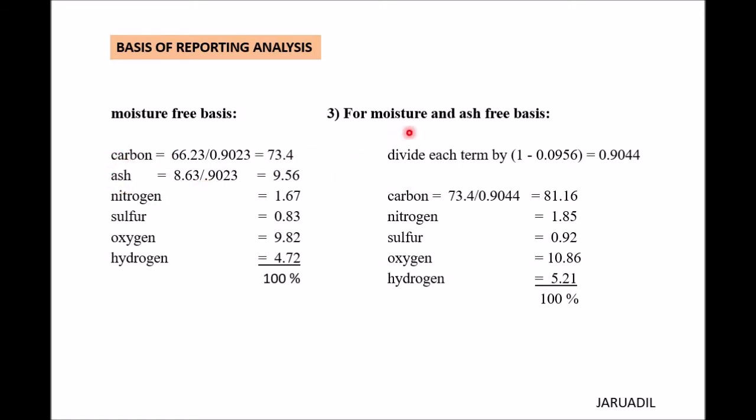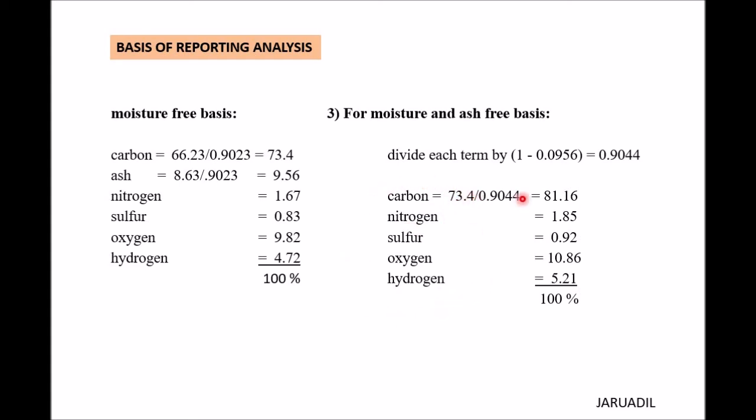Then for moisture and ash free, ang basis na natin dyan ay yung moisture-free. Doon na tayo kukuha ng data. Alisin na natin yung ash. So yung ash is 9.56%. I-minus natin yan dito sa whole, 1 minus the ash. So the new amount now is 0.9044. We will divide it in every element present.